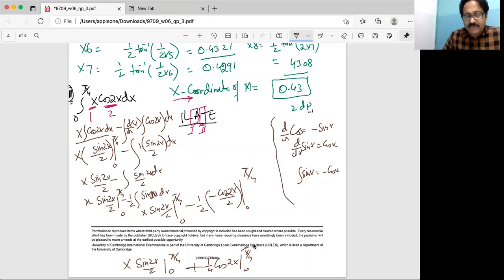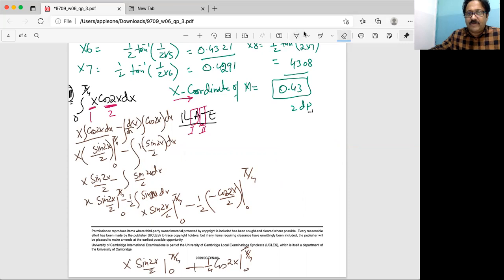Now students, when we have the integration, we can apply the limits here. You can apply it yourself, but I'm doing it here.